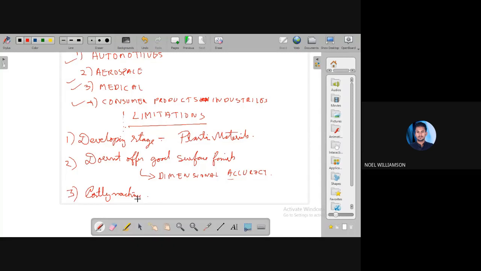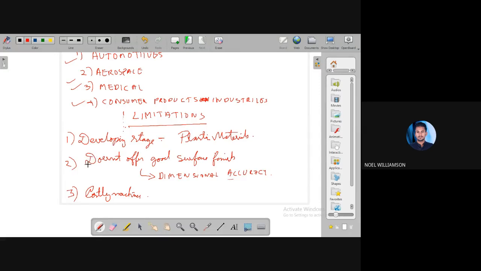The first one is that this is just in a developing stage, and as of now we are using only plastic materials. Later on, we may produce certain metals or alloys, etc., which represent the actual system.